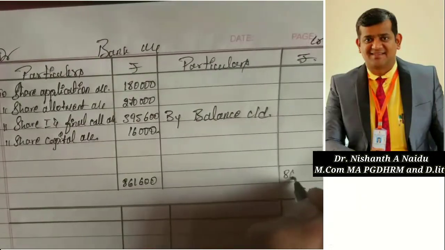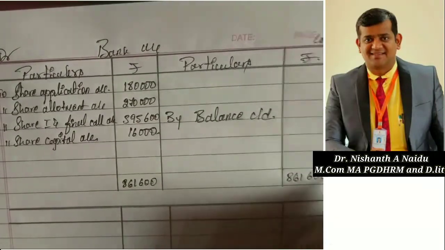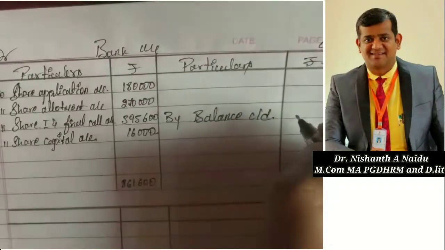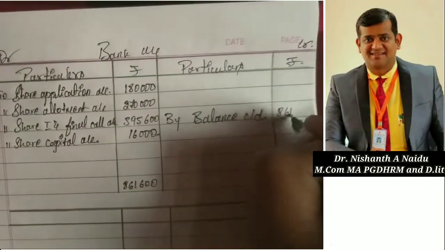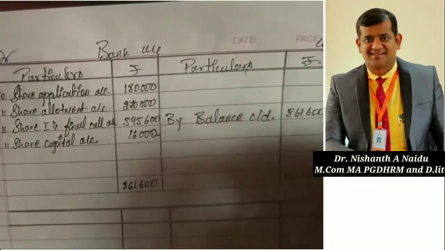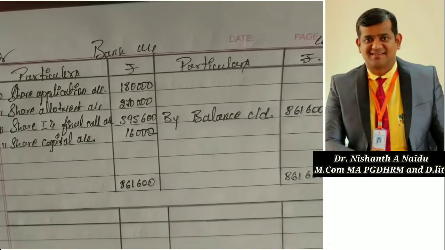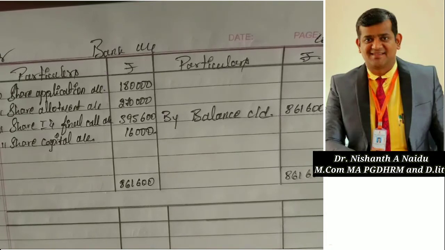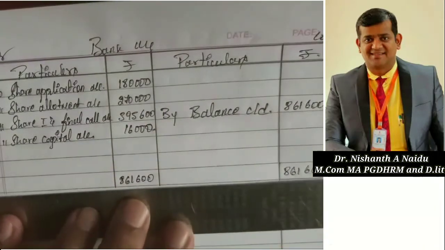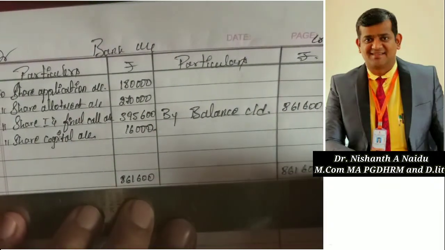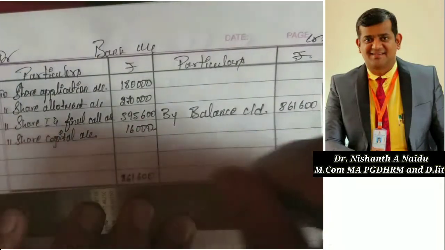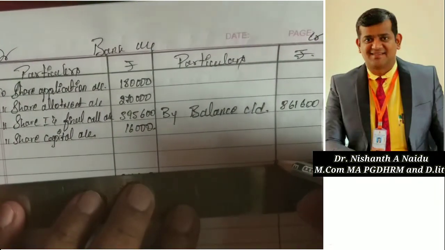So the balance carried down is 8,61,600 rupees. Okay. So now let me close this bank account so that I can start with the balance sheet.